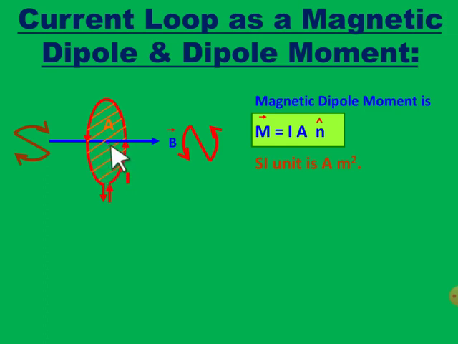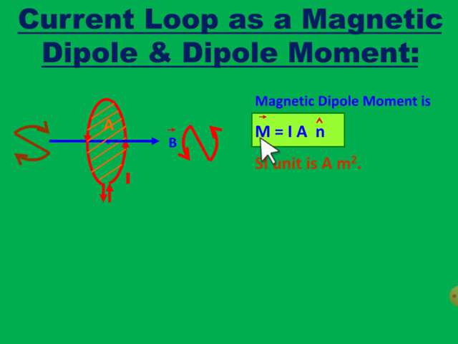So we will say that magnetic dipole moment is the strength of that circular current carrying dipole. Your magnetic dipole moment is denoted by capital M and it is a vector quantity, so we require an arrow there to represent it as a vector.